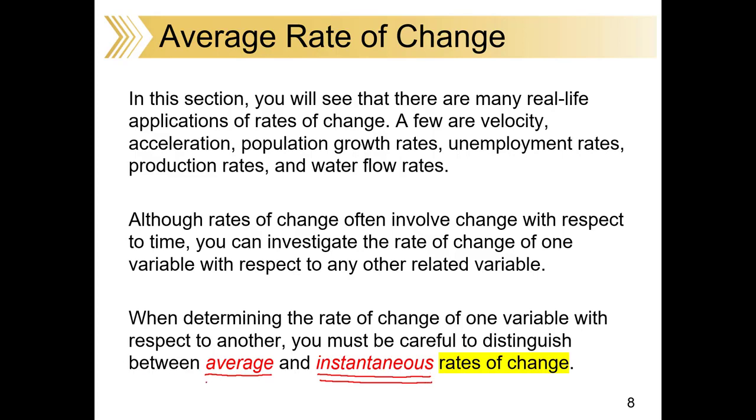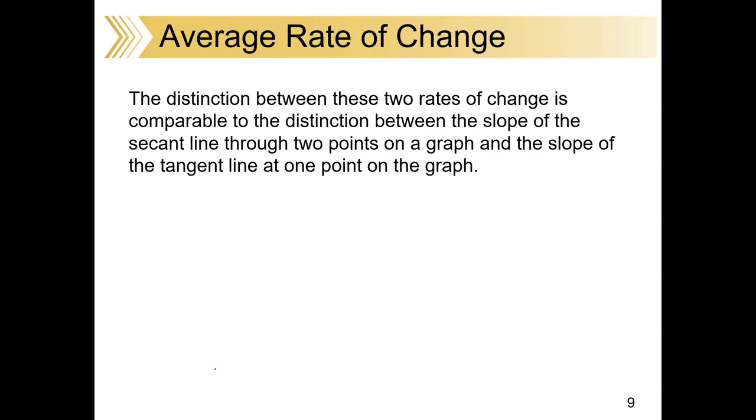Average means over a certain period of time, maybe 2 hours, 3 hours. What are you averaging? Over that time, you'll have various instantaneous rates. This is what you've got for the average. Next, you want to distinguish between those two and be able to do either one.